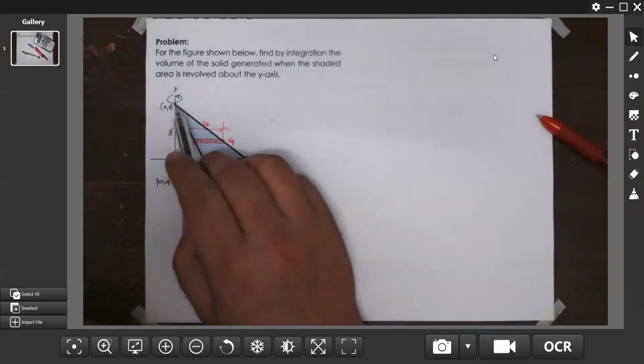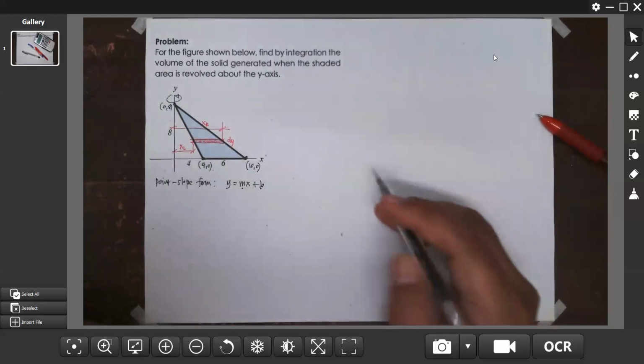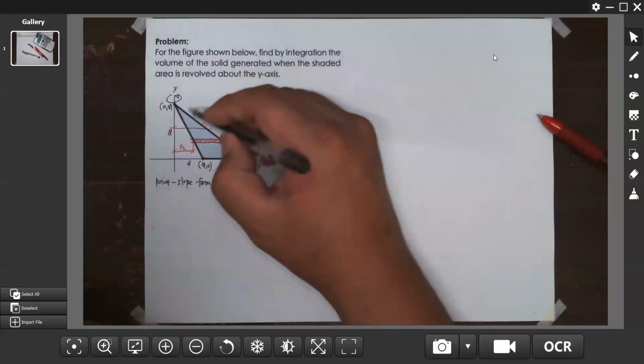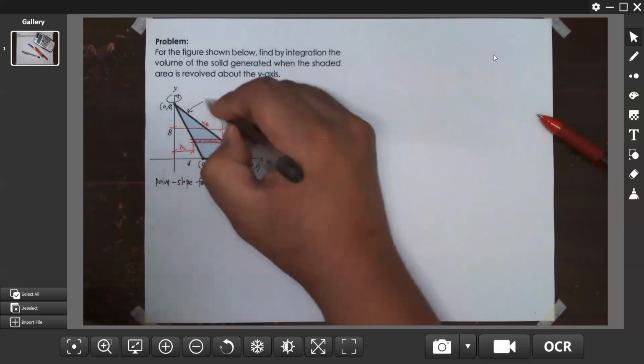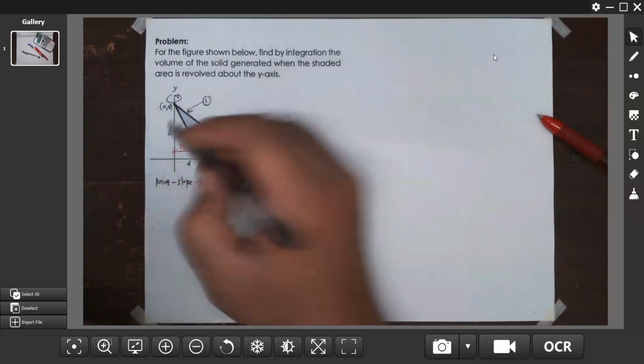This one is 8. So let's label this one as equation 1 or curve 1.